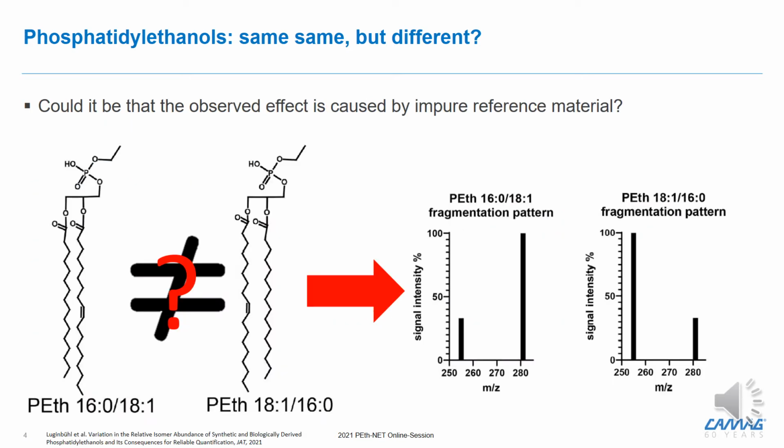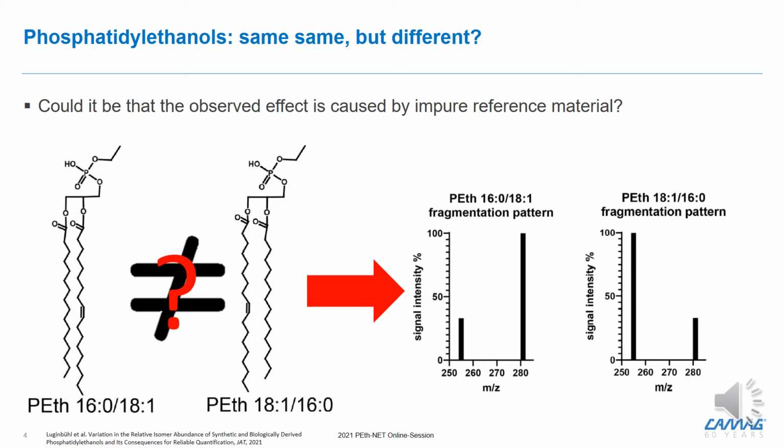Based on that information, we guessed that the observed effects for phosphatidylethanol could be caused by impure reference material. We assumed that it is possible that the ordered PEth-16:0/18:1 from Avanti Polar Lipids is not just PEth-16:0/18:1, but also contains a certain amount of PEth-18:1/16:0.